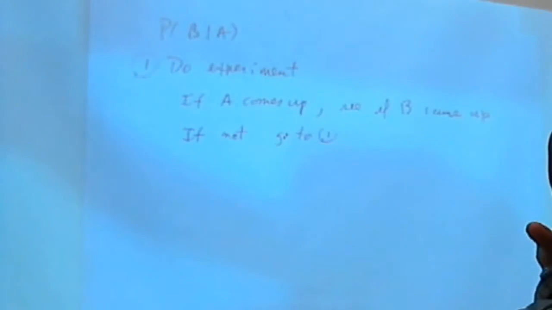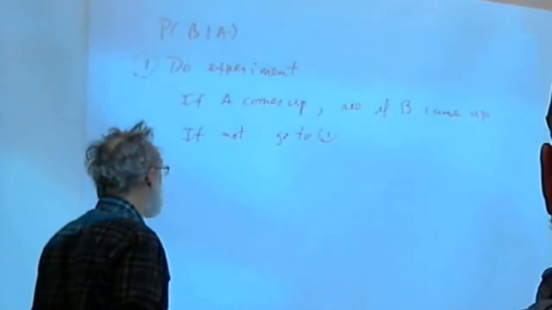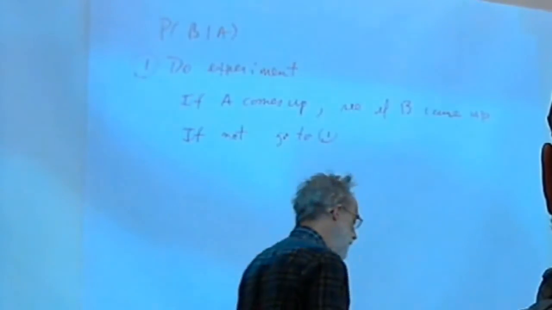Here's my little algorithm for the probability of B given A. I do the experiment. If A comes up, I see if B came up. If A does not come up, I don't count it.